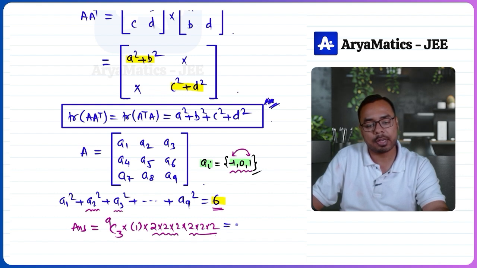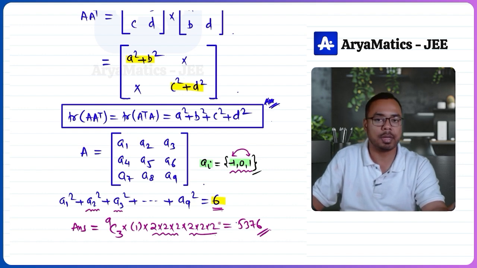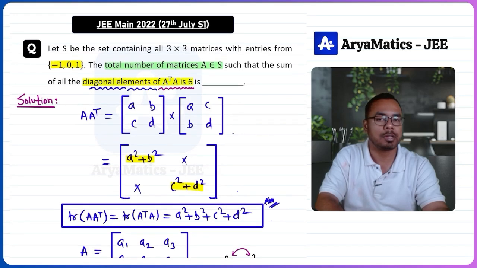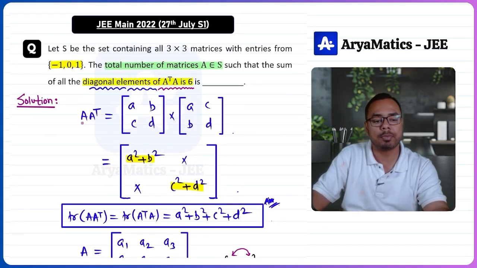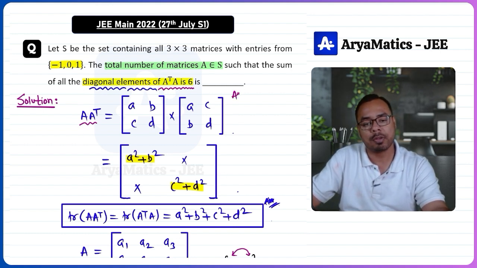And after calculation, you will get this number as 5376. This calculation you can do on your own. So that will be the value of 9C3 into 2 raised to 6, and therefore that is the correct answer for this problem. In this problem, the important concept was that trace of A into A transpose or A transpose into A is nothing but sum of square of all the elements in that matrix.